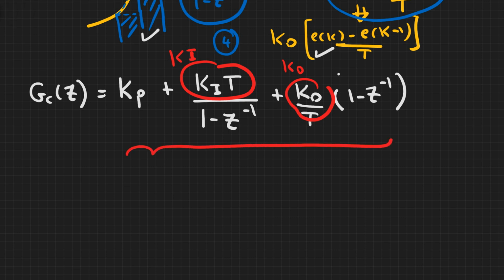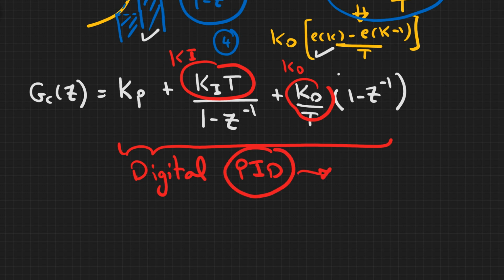So here we have one of the very famous structures for the digital PID controller. This is what you find in the industry: when someone is talking about a PID implemented on a microcontroller, he is probably talking about the digital PID, not the analog PID.